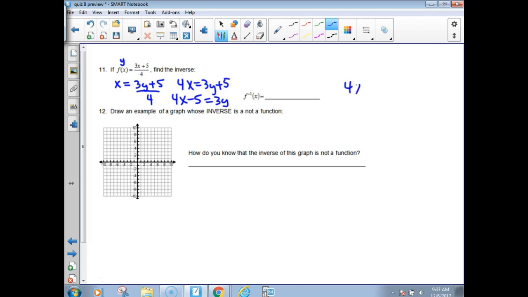So one way you could write it is 4x minus 5 all over 3. Okay, but I'm not writing it in the answer because I'm going to turn it around, which would be this part right here. This is the notation for the inverse of f of x. F to the negative 1 of x, that's the inverse of f of x. And then I would separate this out to a 4/3 x minus 5/3.